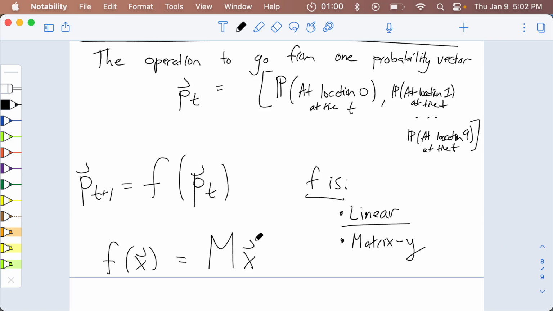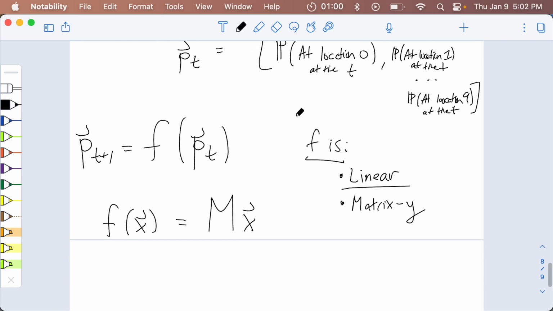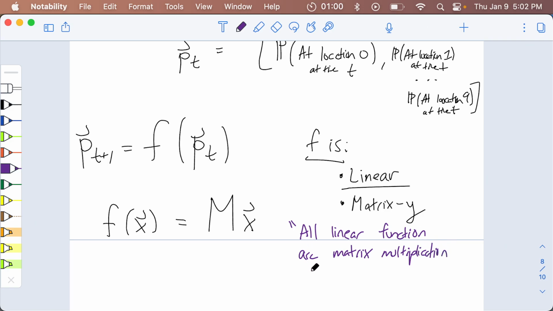So all linear functions are secretly matrix multiplication. This is the moral of the story of linear algebra. All linear functions are matrix multiplication by some matrix.